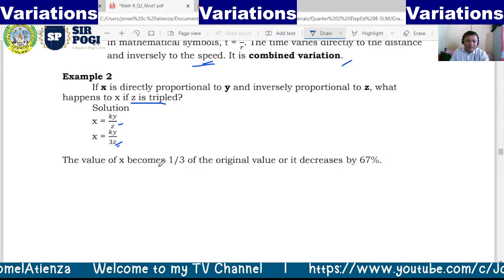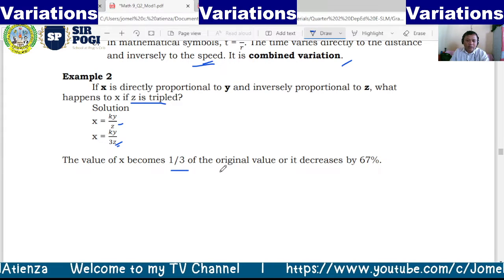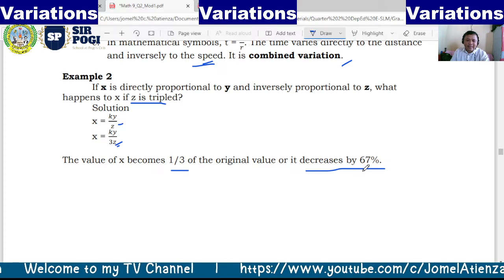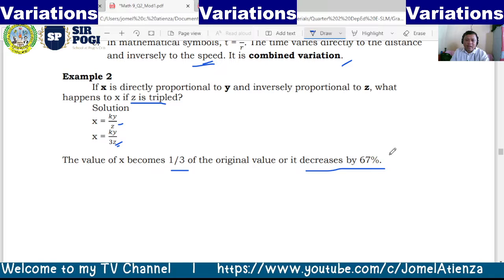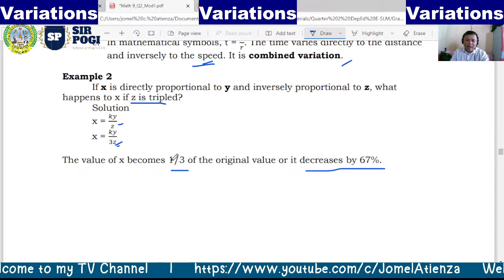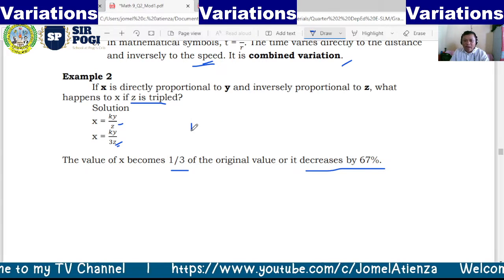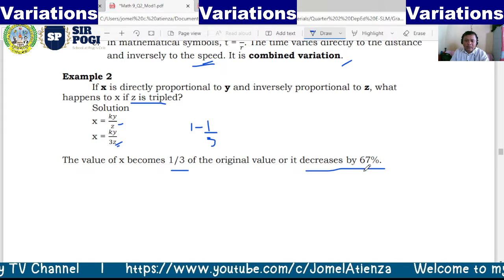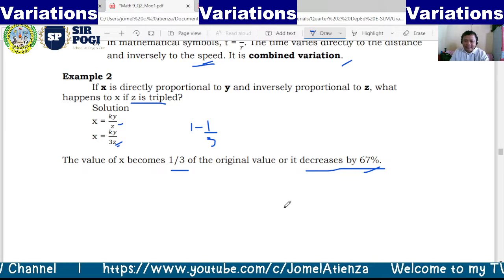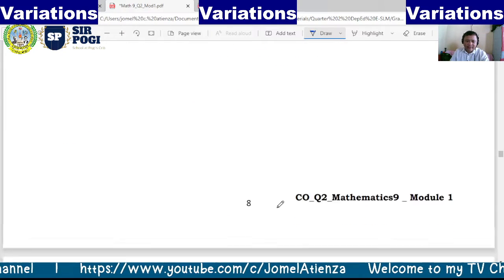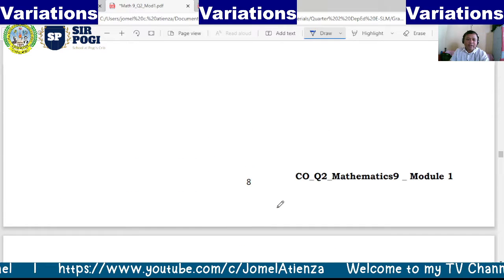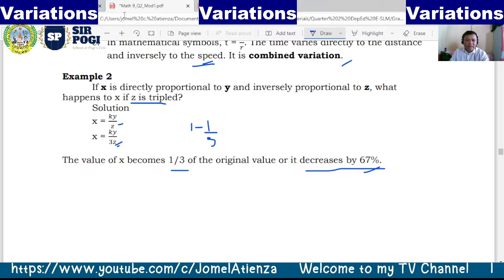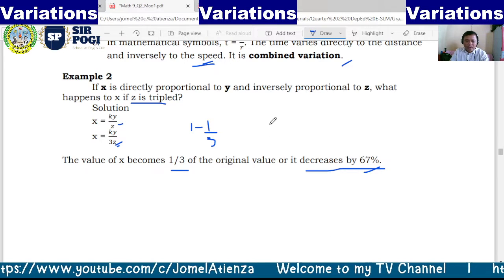So, the value of x becomes 1/3 of the original value, or it decreases by 67% kasi we have 1 minus 1/3, and that is 2/3, and 2/3 is equivalent to 67%.